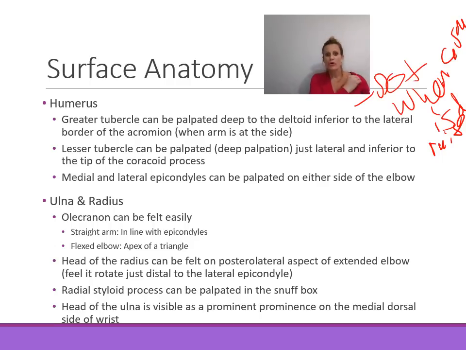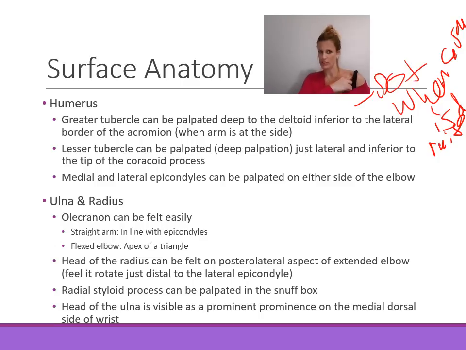The lesser tubercle can be palpated with deep palpation. You have to find the coracoid process first. So remember, to find the coracoid, we traced the clavicle over, and the elevation was the acromial end of the clavicle, right by the acromion, and we dropped down from that, and right there I can feel a strong bony protrusion.